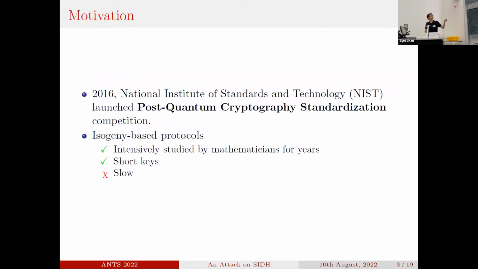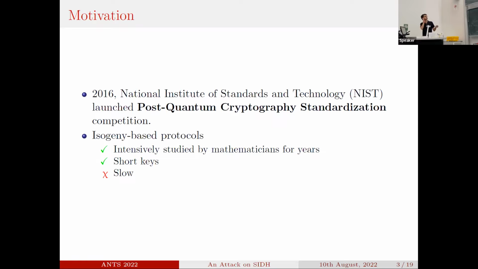Well, Bob already gave many explanations and motivations for why we should focus on this problem. One of the reasons is that in 2016, the National Institute of Standards and Technology launched a competition called the Post-Quantum Cryptography Standardization Competition. Amongst the protocols proposed for this competition, there were protocols based on isogenies.